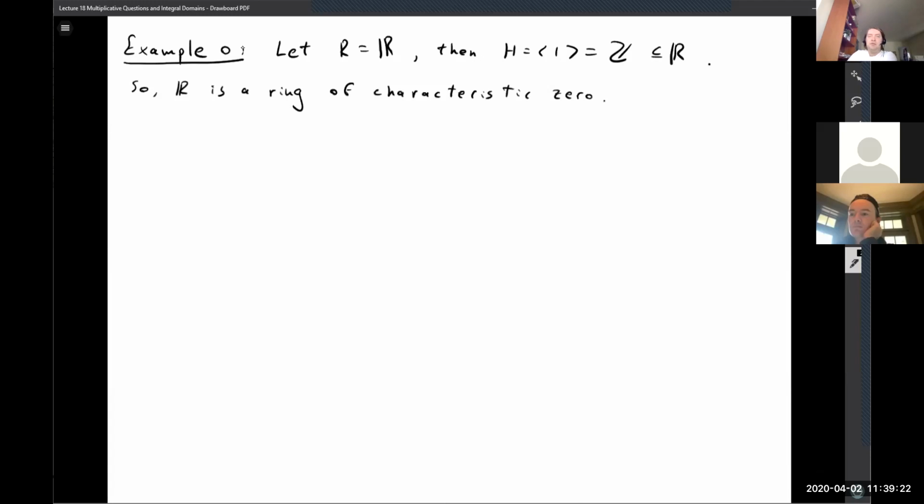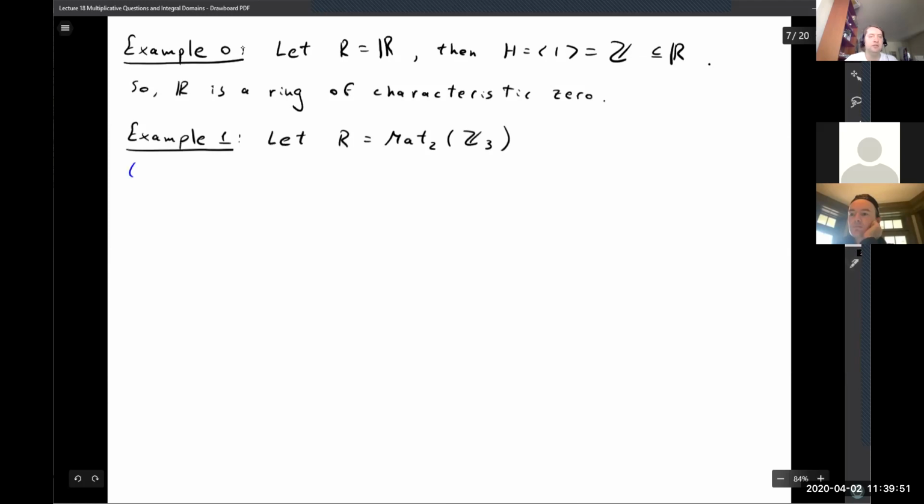Let's look at some examples of rings of positive characteristic. Example 1. Let's take R to be the 2x2 matrices with entries in Z3.